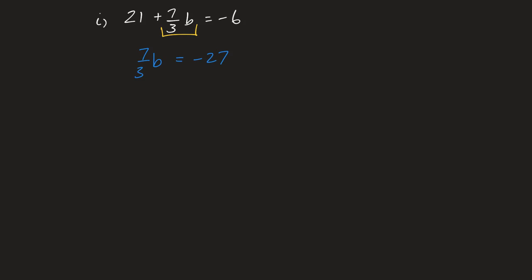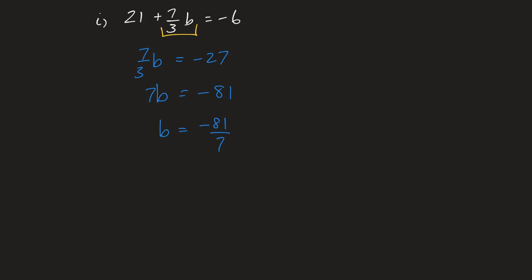Okay, now to get rid of my divide by 3, I need to multiply by 3. And a positive times a negative is a negative, and my 3 times 27 is 81. And now to get rid of my times by 7, I'm going to divide by 7.